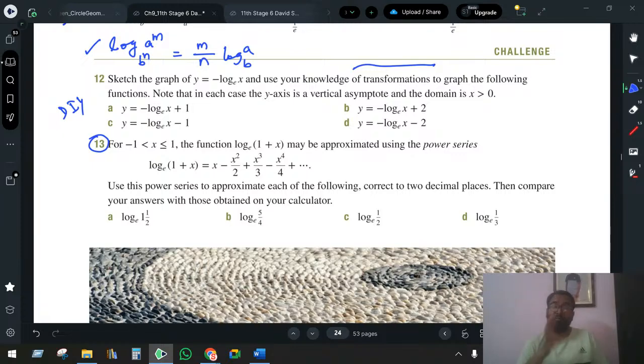Polynomials are the simplest form. In mathematics, polynomials are the best functions, very smooth functions. Easily we can analyze them, easily we can do the differentiation, the first derivative and second derivative tests.